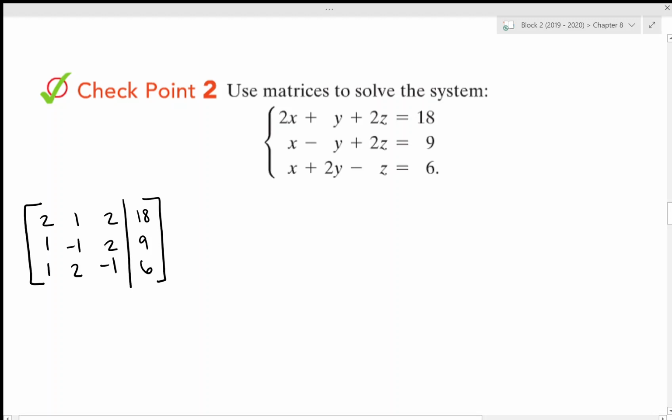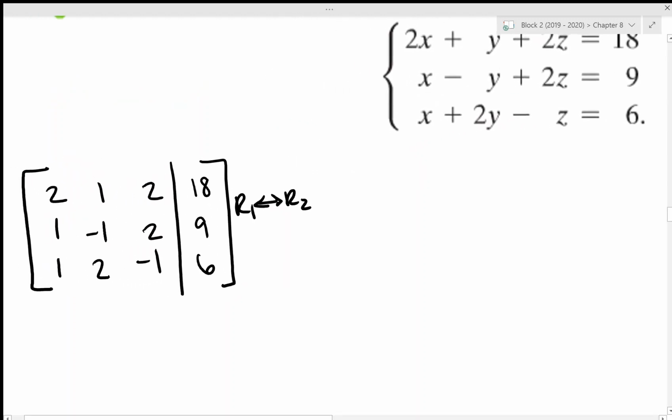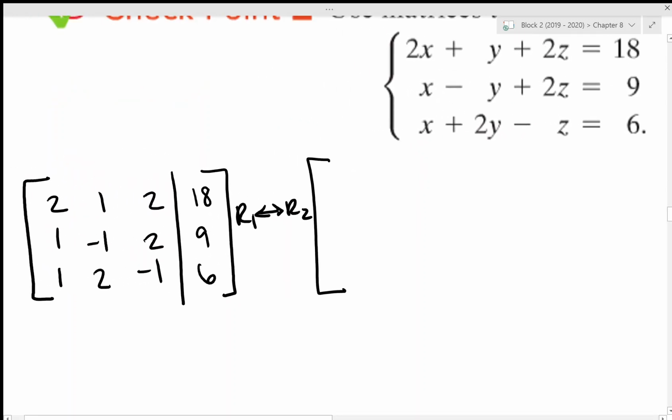So, first things first, now that I have it as a matrix, I want to get a 1 in that top left corner. So I'm going to switch row 1 and row 2. Again, you could have switched row 1 and row 3 because it also had a 1 there, but it really doesn't matter. So I'm going to write out what I'm doing, and then do it.